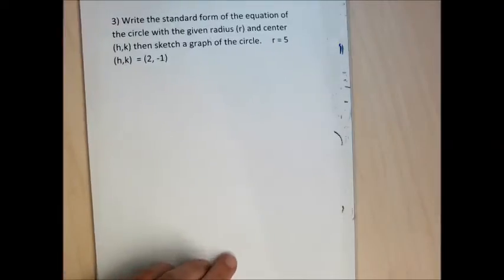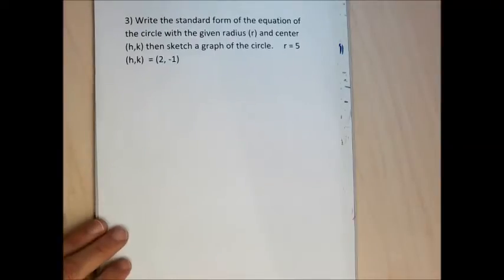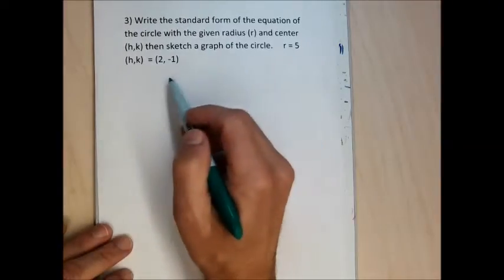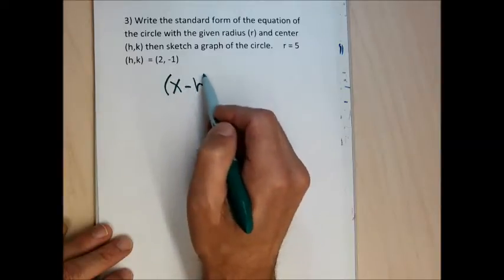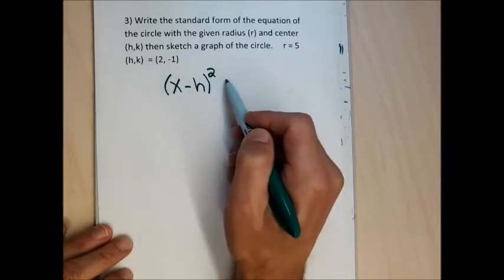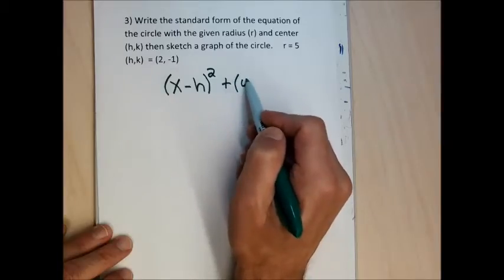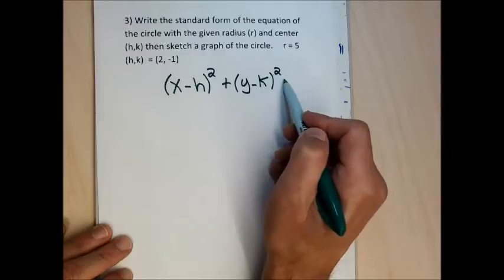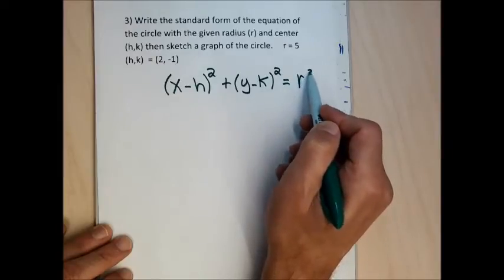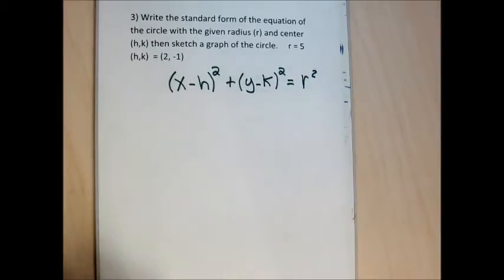Another formula that we need to know for a test is the standard form of a circle. And the equation, the standard form of a circle, is x minus h squared plus y minus k squared equals r squared. Problem 3 gives me all the information about the parts of a circle.